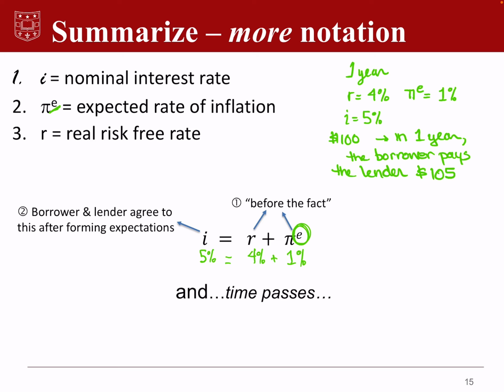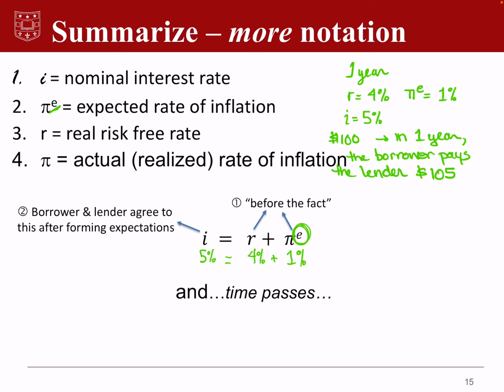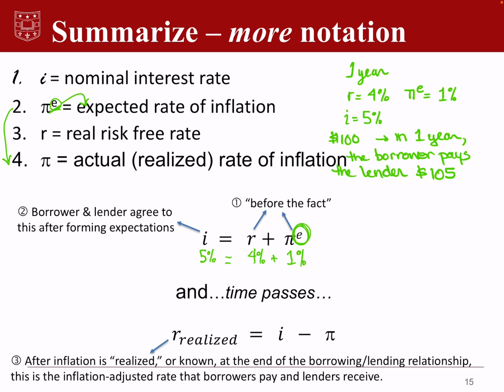So time passes, and there's an actual or realized rate of inflation that occurs. So the thing that distinguishes these is that, again, the little e here is to denote that we're talking about an expectation. When inflation happens, we can talk about what real interest rate was actually realized.